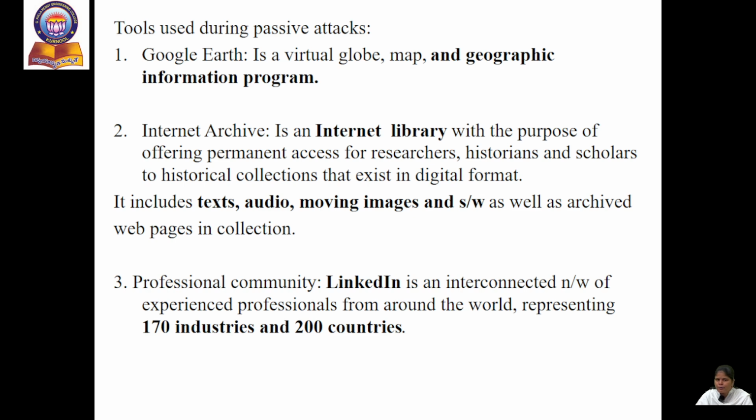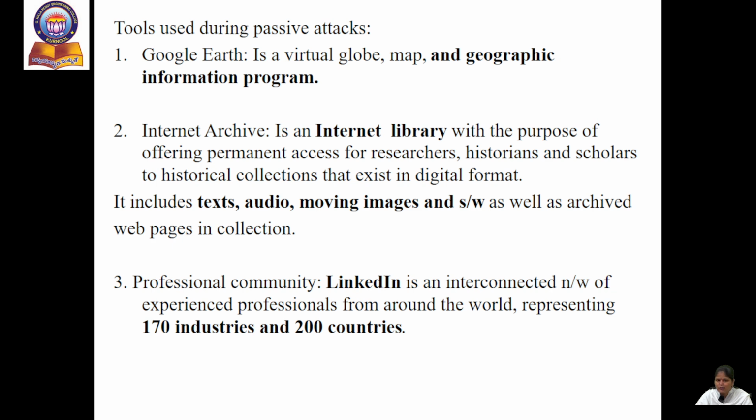And next is a professional community like LinkedIn, in which he comes to know who all the connected people are. Based upon interest only, people connect with one another on LinkedIn, right? So based upon the area or domain of interest, the same kind of people will be connecting with one another.